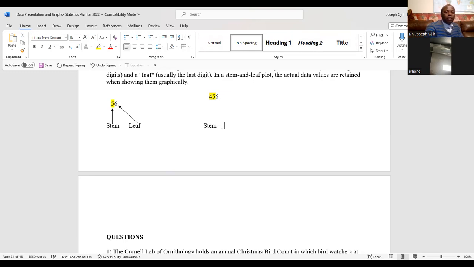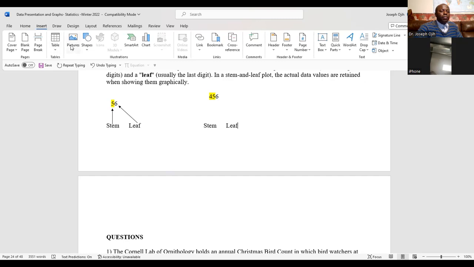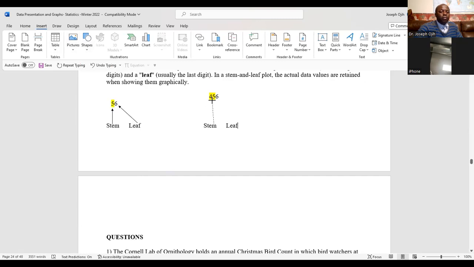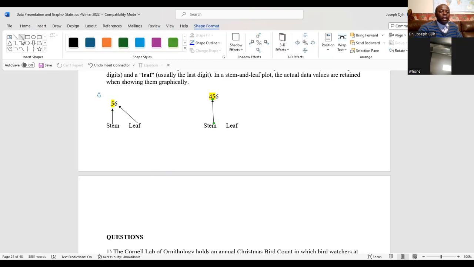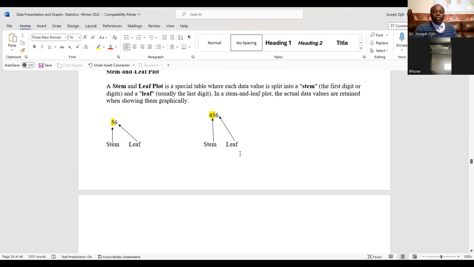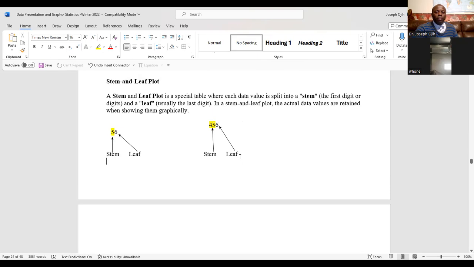The highlighted part is the stem, and the leaf is only the last digit we have here, which is 6. And so on and so forth. So in the stem and leaf plot, the actual data values are retained when showing them graphically.